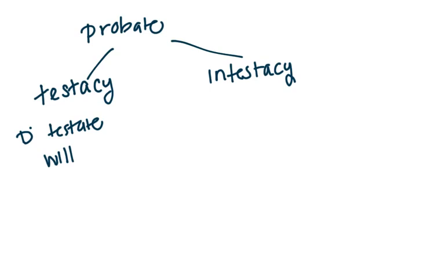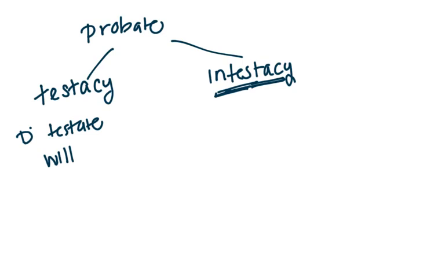If the decedent does not have a will, or the will does not cover all of the property, and we're looking to see what to do with the property that is not covered in the will, then we apply the intestate rules.